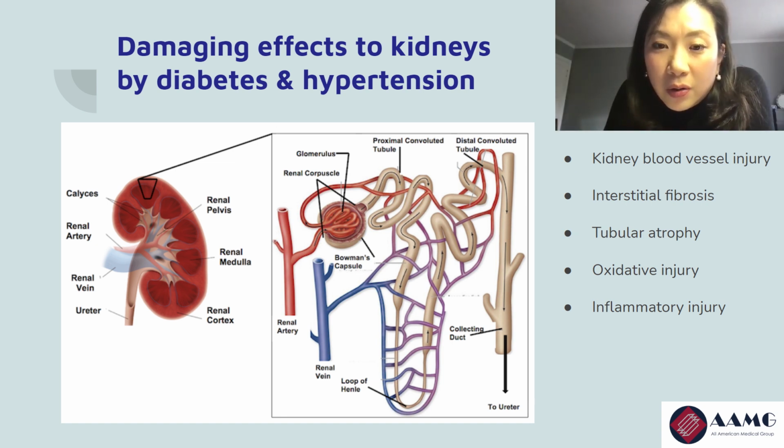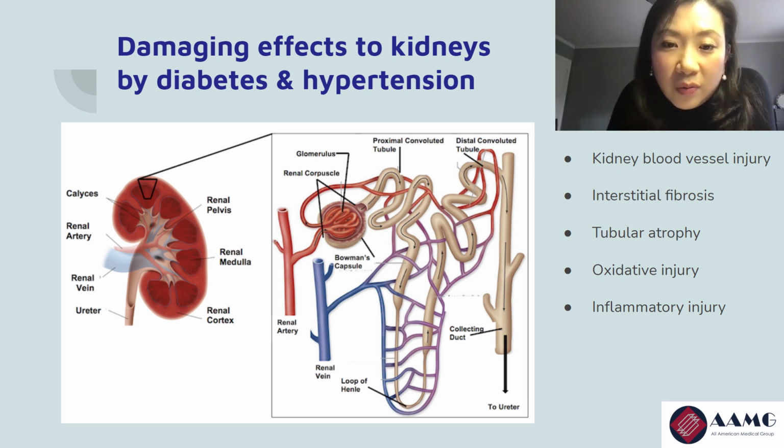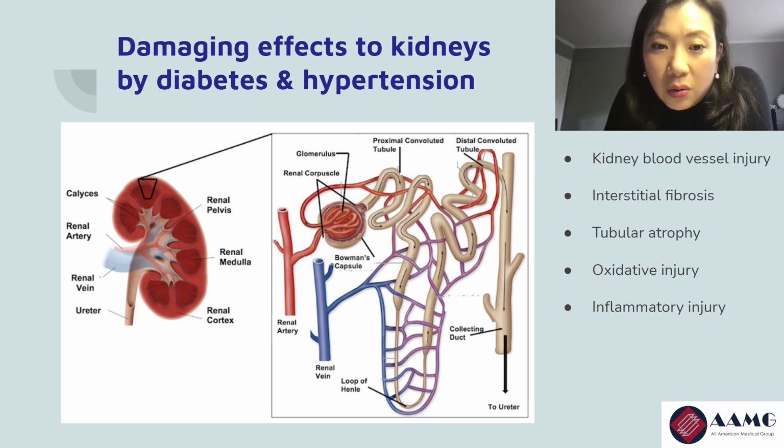So when a person has long-term uncontrolled diabetes and hypertension, these arteries, the pipe and the inner liner of the blood vessels, get damaged. So the blood flowing through this filtering network will not be efficient at getting rid of the toxins, because of the impaired function of the filter.